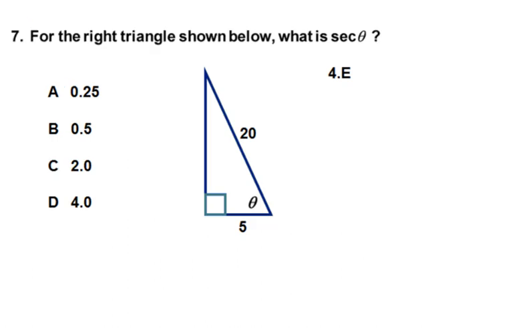Next, 7. For the right triangle shown below, what is secant theta? Well, secant theta is equal to the reciprocal, or 1 over cosine theta.